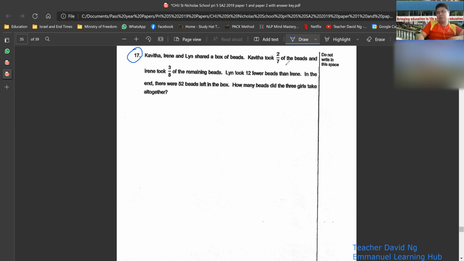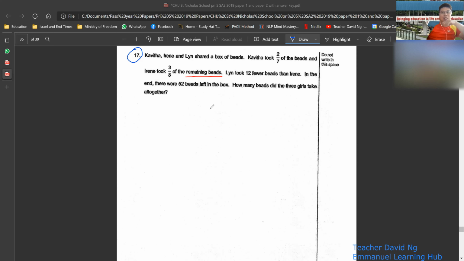Kavita took 2/7 of the beads, and Irene took 3/8 of the remaining beads. Irene did not take 3/8 of all the beads. Irene took 3/8 of the remaining beads after Kavita took 2/7 of the beads. Make sense?